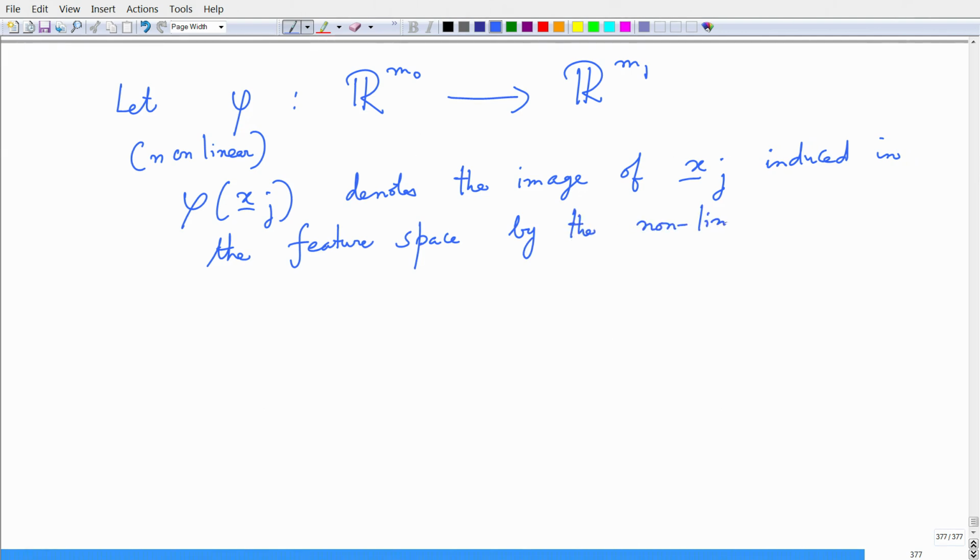Okay, this is a basic definition of the image of the point induced in the feature space.